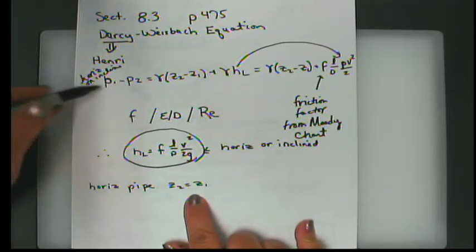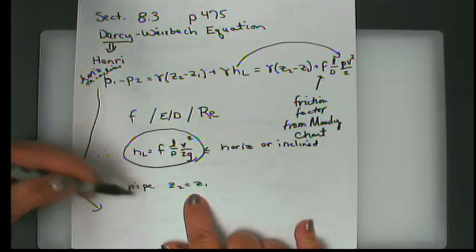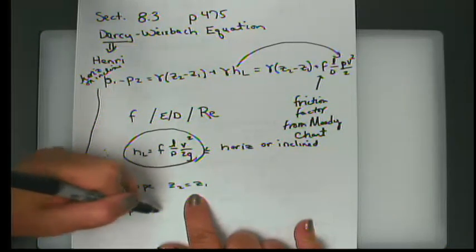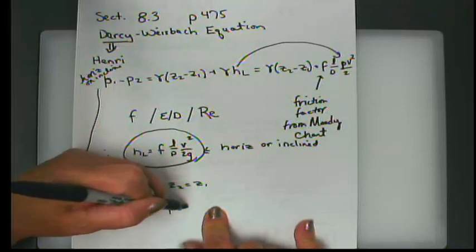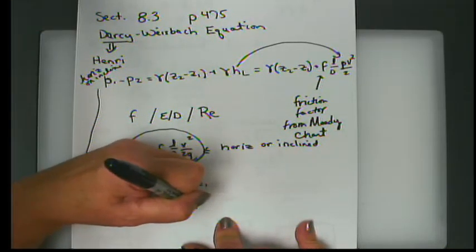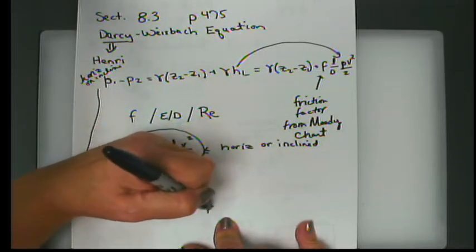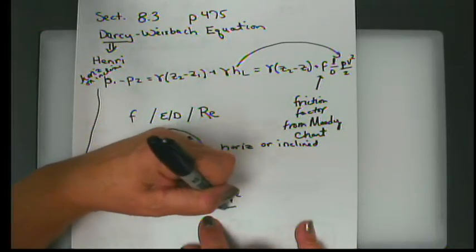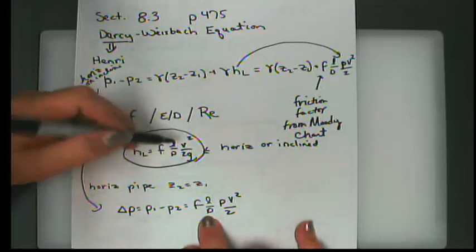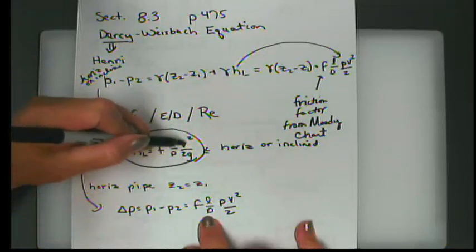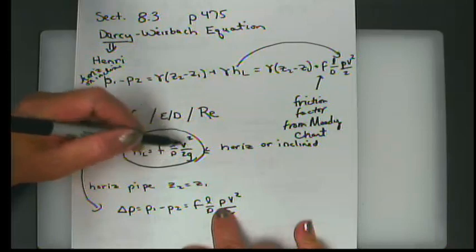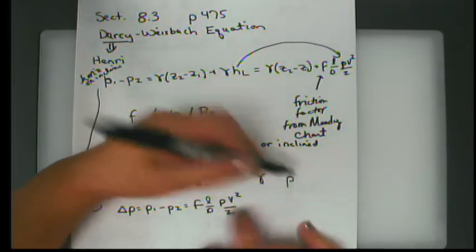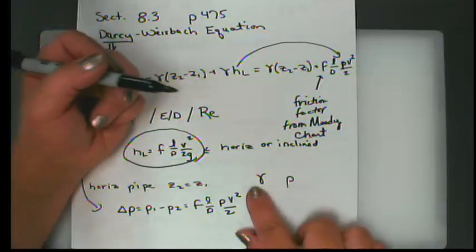And so the expression for pressure drop, delta P, which is just P1 minus P2, can be reduced to this: friction factor times the ratio of L over D times rho V squared over 2. And I just want to point out that we have V squared over 2G, and that there is a relationship between gamma and rho, where this is density and this is specific weight.